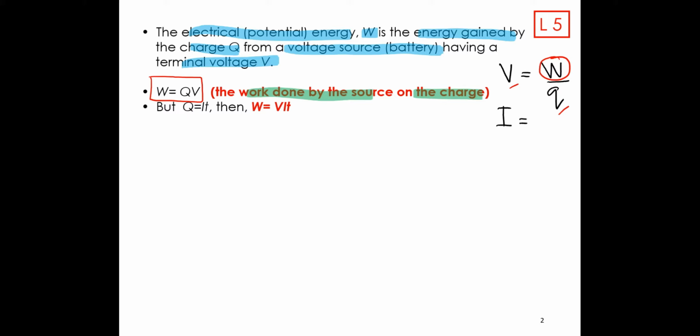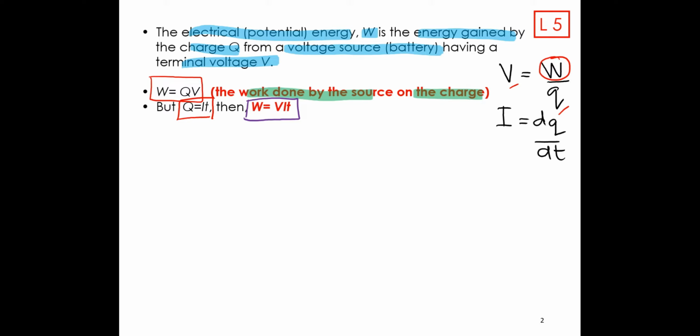As we know, current is the rate of charge flow in the circuit, I equals dQ over dt, and you can rearrange your equation: Q equals IT. Then we substitute Q into the equation of work. Once you substitute, you have the equation of work equals VIT.